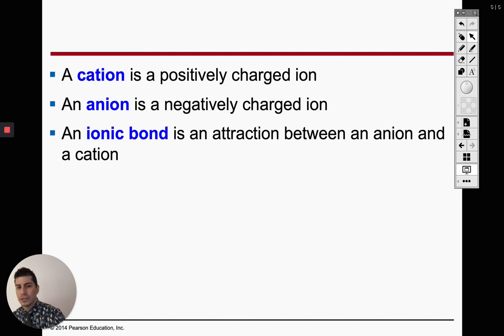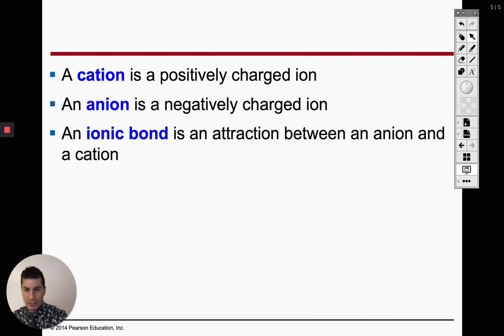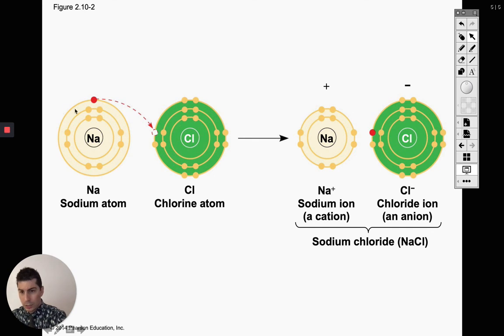Whenever that bond is created, guys, we got one losing, one gaining. Whatever one is positive at the end is going to be the cation. Whatever one is negative at the end is going to be the anion. So if we go back to this example, a cation is a positively charged ion. So which one is positive out of these two?